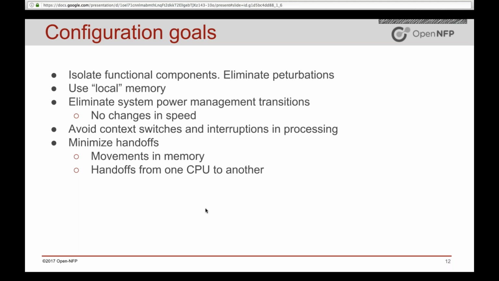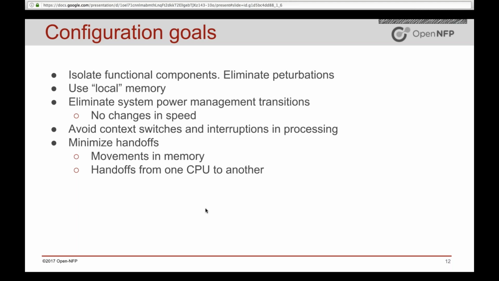The other basic principle is trying to take advantage of locality, so that if you're trying to measure best case performance, you're minimizing memory copies and memory transitions from one NUMA node to another.